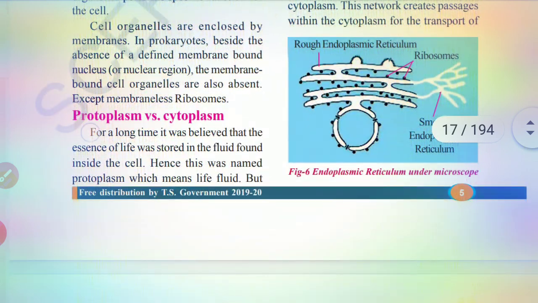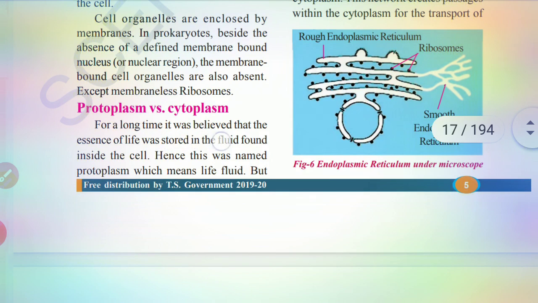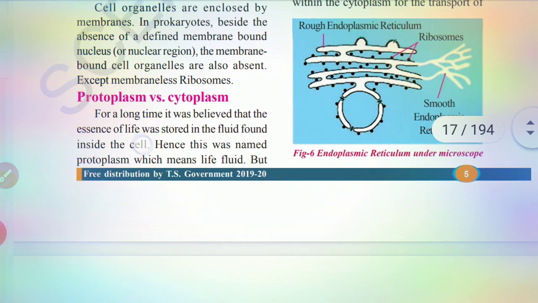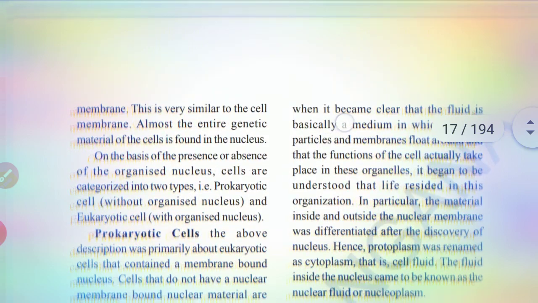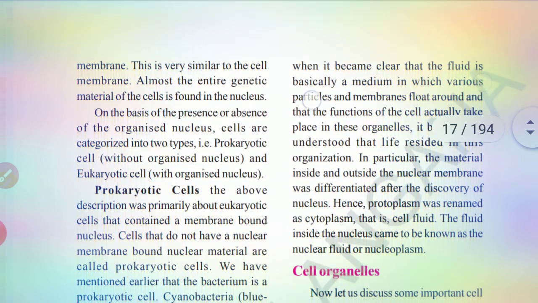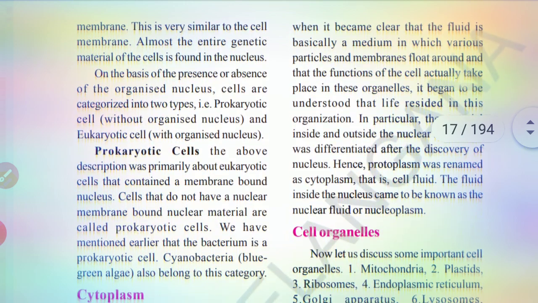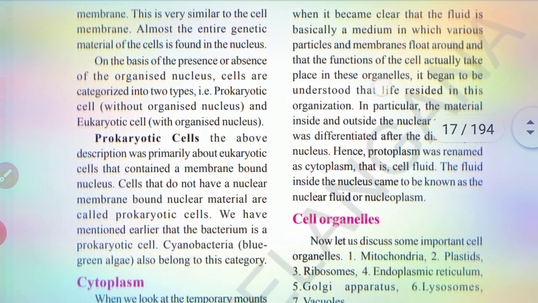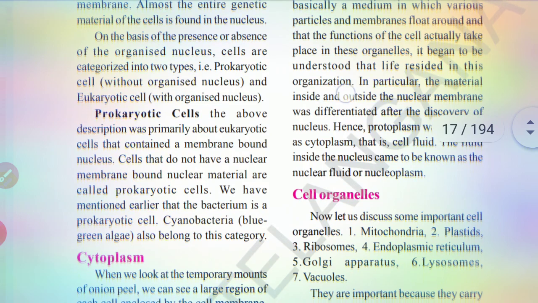Protoplasm versus cytoplasm. For a long time, it was believed that the essence of life was stored in the fluid found inside the cell. Hence, this was named protoplasm, which means life fluid. But when it became clear that the fluid is basically a medium in which various particles and membranes float around, and the functions of the cell actually take place in these organelles, it began to be understood that life resided in these organizations.